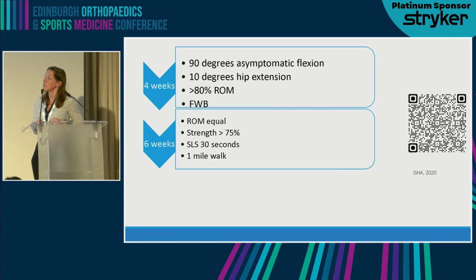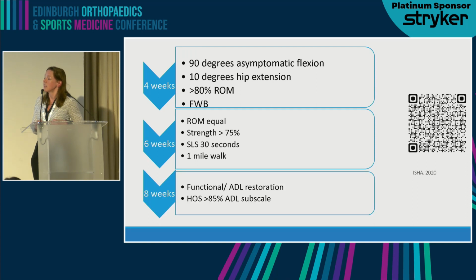By 6 weeks, you should be looking at equal range of movement, strength 75% or above, single leg stand 30 seconds, and 1 mile continuous walking. And by 8 weeks, you're aiming to return to functional or an ADL restoration and a hip outcome score of over 85% on the ADL subscale.